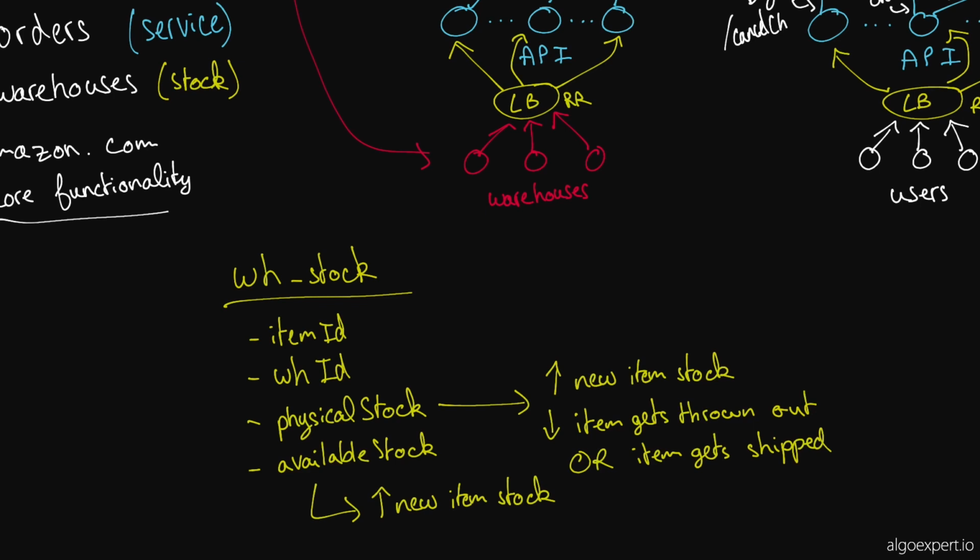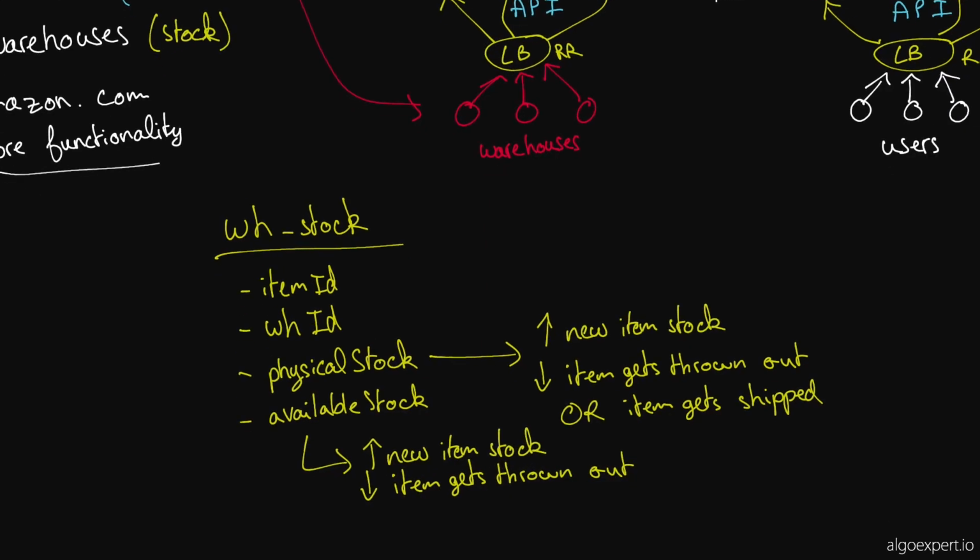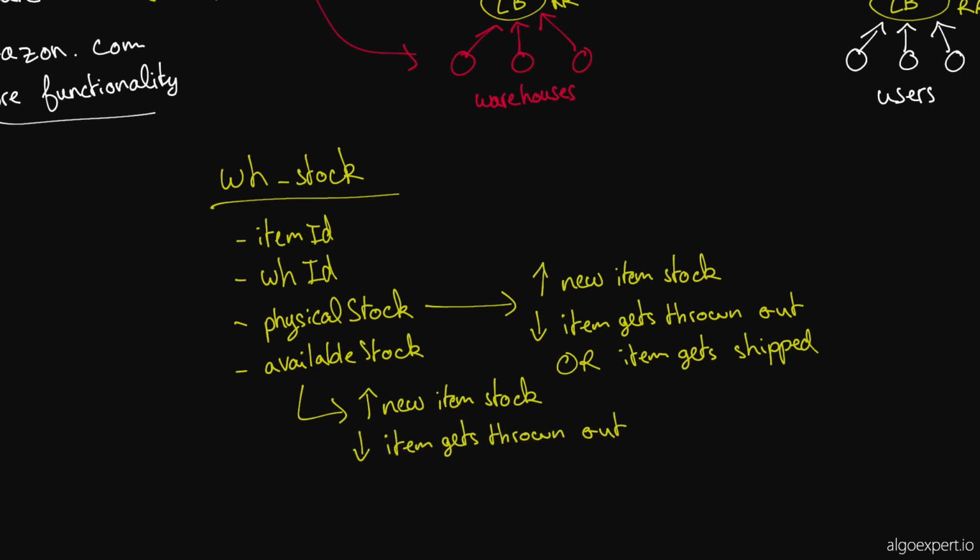But it also is going to go down when an order gets assigned to the warehouse. So let me copy this. We'll paste it here, right? Give ourselves a little bit of room. But otherwise, it will also go down when a warehouse order gets assigned, and not when the item gets shipped.